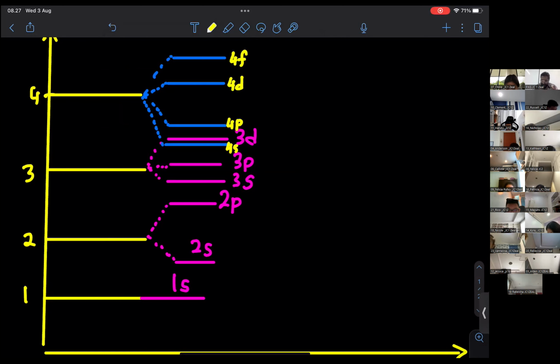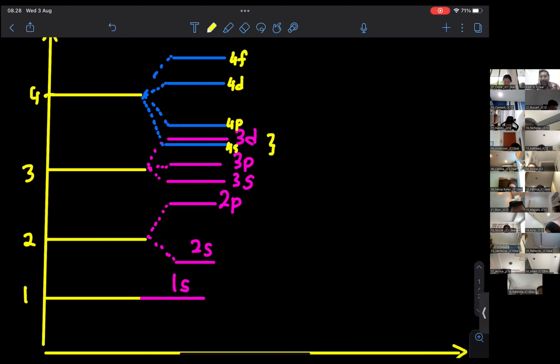Now, I just want you guys to notice something about this. Kalista, what can you notice with this particular diagram, the part that I highlighted, compared to the other energy levels? 3d and 4s are overlapping, and 4s is under 3d. Yes.